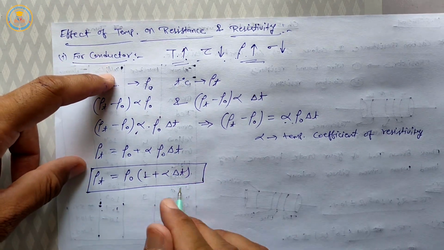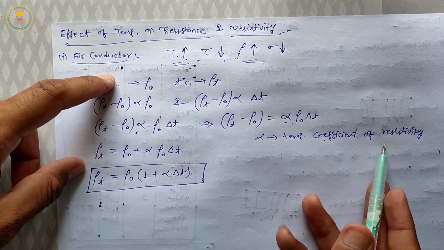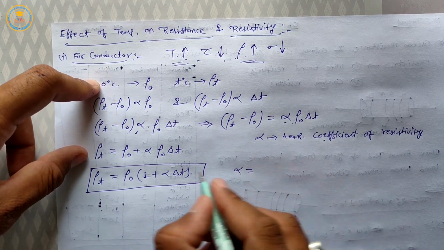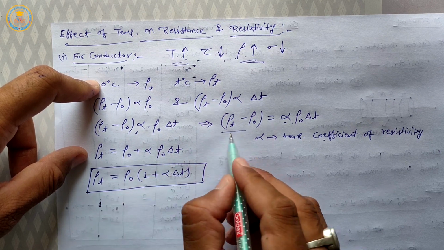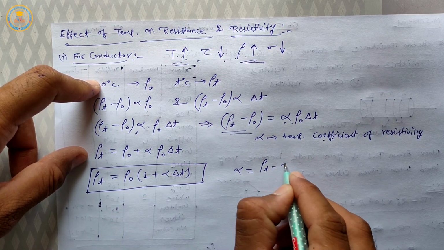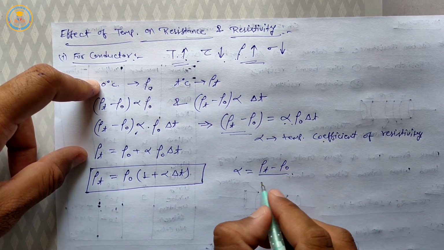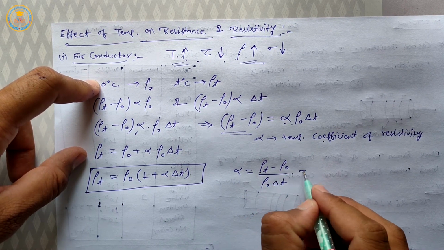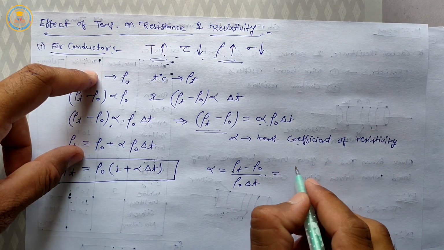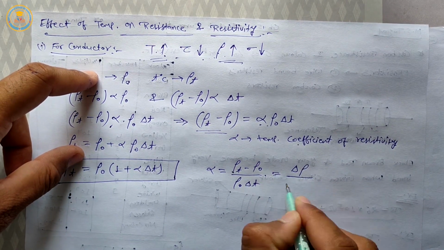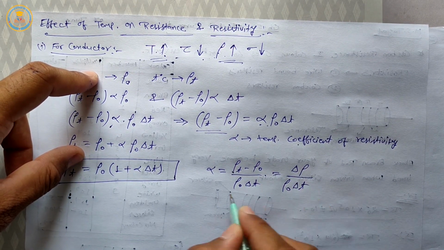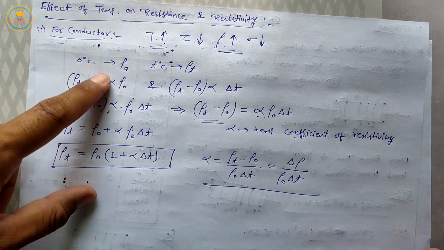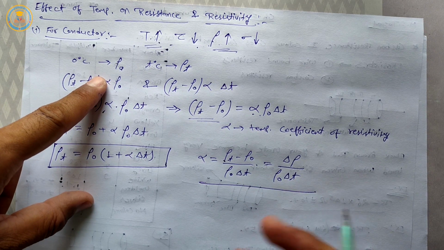Here alpha is the temperature coefficient of resistivity, and from this equation the value of alpha is equal to rho T minus rho 0 upon rho 0 del T. Rho T minus rho 0 is the change in resistivity, so alpha is del rho upon rho 0 into del T. From this we write the unit of alpha.